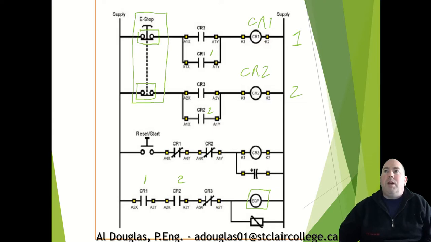So I would need to get CR1 and CR2 both energized. And I have this third thing now, CR3, which is a normally closed contact of this relay. What is this relay? So this is now where my start button is. And you can see I also now have a normally closed contact of CR1 and CR2 right here.